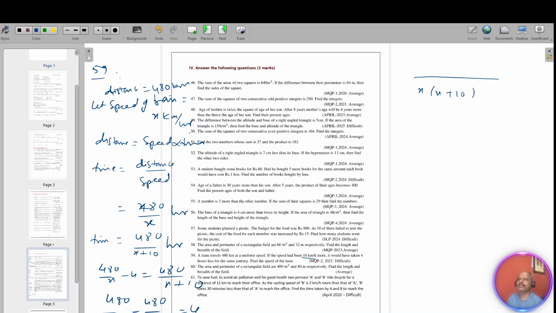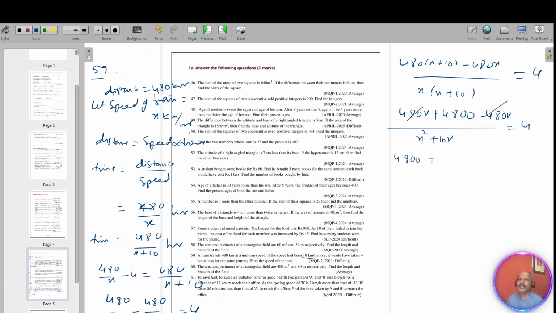480 of x plus 10 minus 480x equal to 4. So (480x plus 4800 minus 480x) by (x square plus 10x) is equal to 4. These two cancel. So 4800 is equal to 4x square plus 10 into 4, 40.